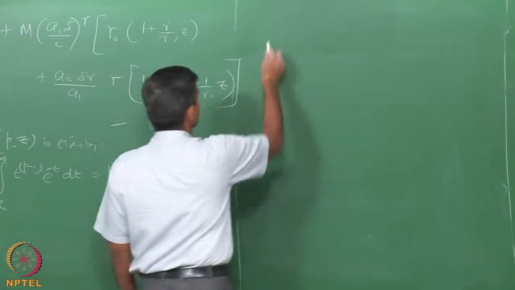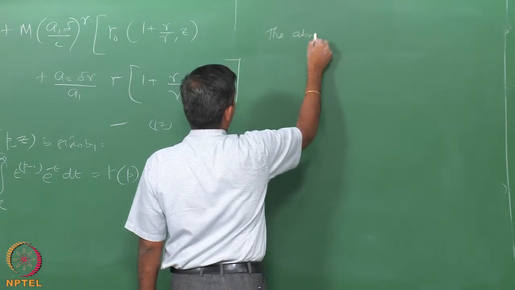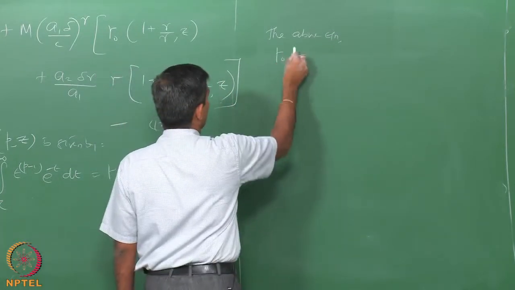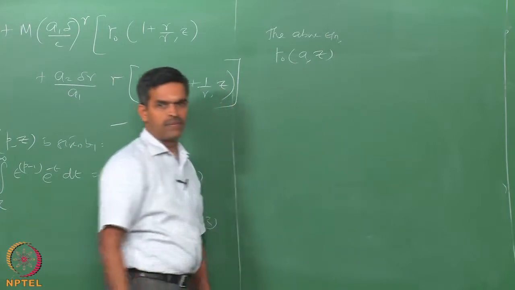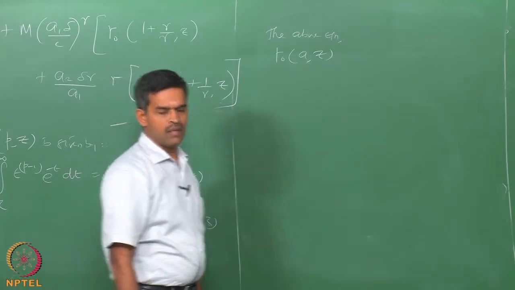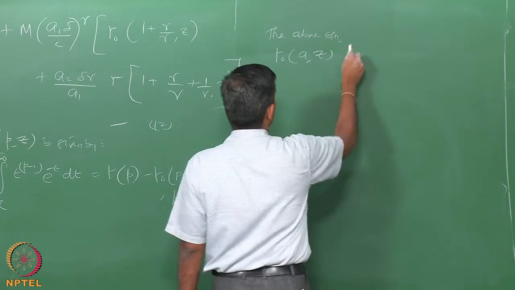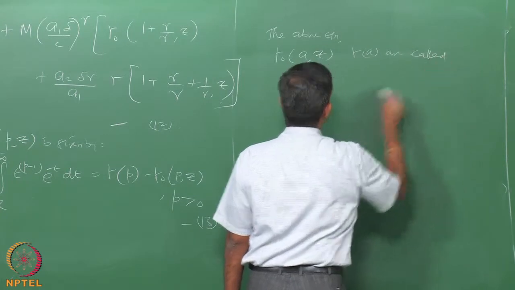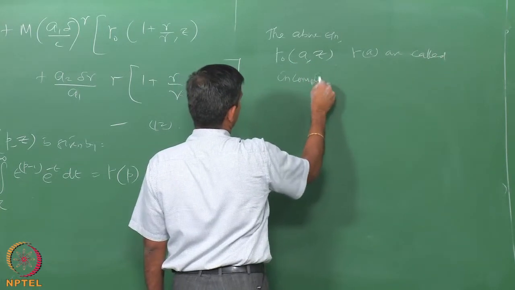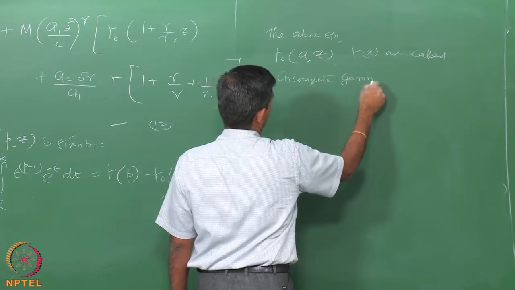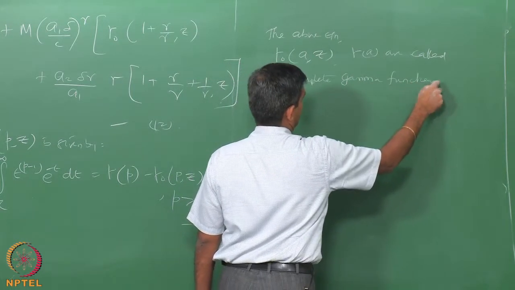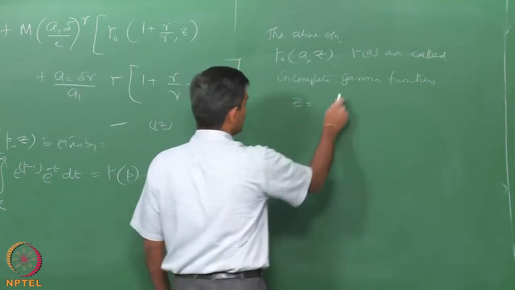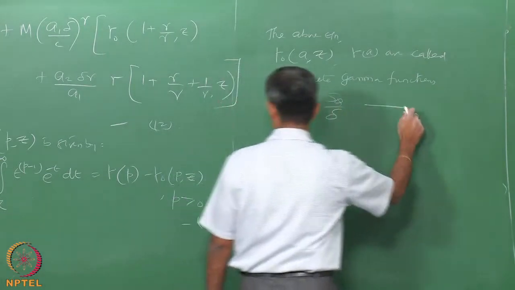In the above equation, please note that gamma 0 and similarly gamma are actually called incomplete gamma functions, where z can be simply said as S_Q by delta.